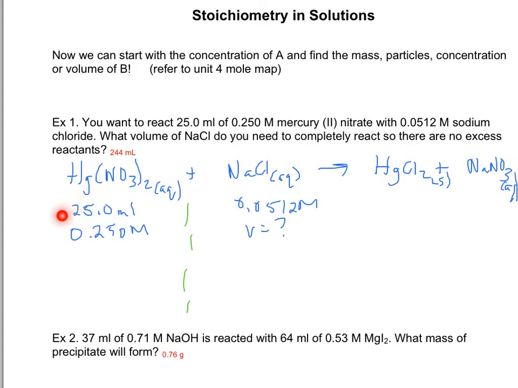Because I have complete information about my mercury nitrate solution, the concentration and the volume, I can determine how many moles of mercury nitrate there are using C equals n over V. If I rearrange that, the moles will equal the concentration times the volume in liters.